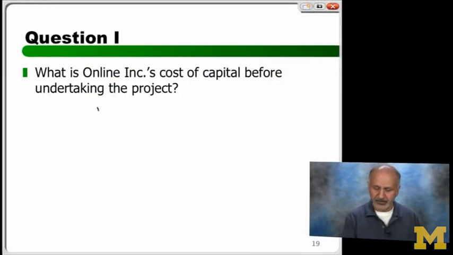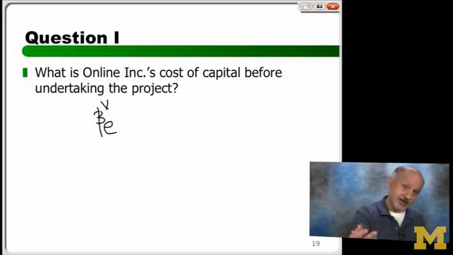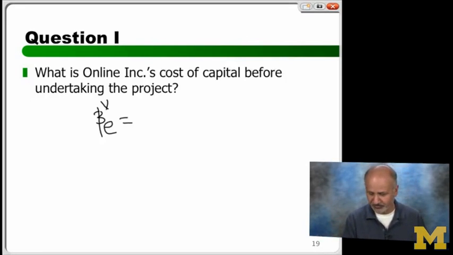What do we know? We know that beta equity of this business, I'll put V on top. V is for video gaming, and if I make a mistake, tell me. Let your hand come out and say, come on, do it right. It is equal to 1.5.